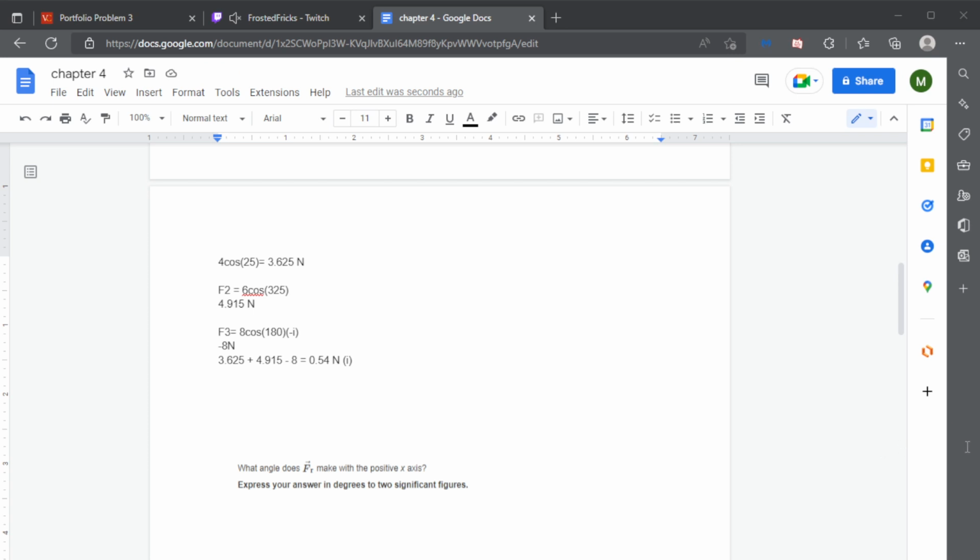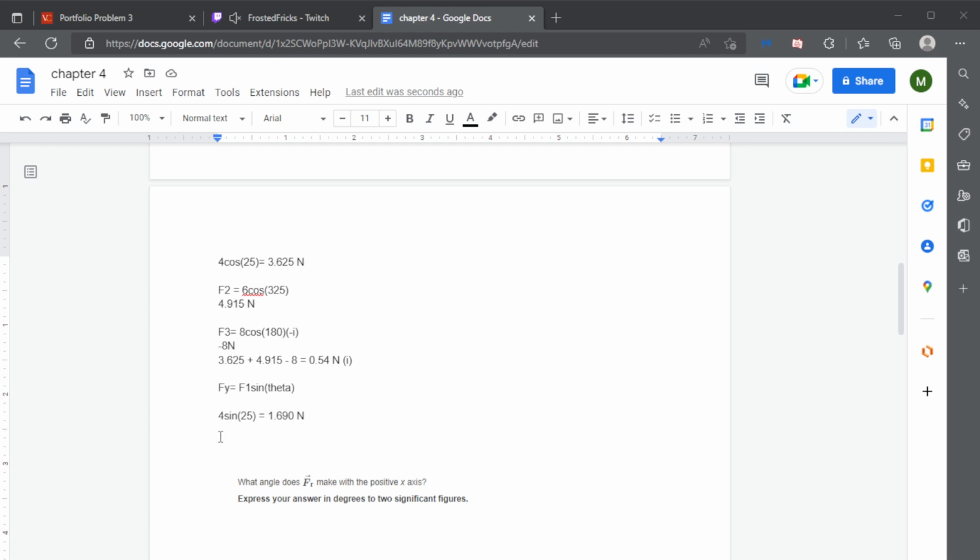Now for Fy, it's each force times sine of theta. So 4 sine 25 will equal 1.990 newtons. The other one will be 6 sine 325.